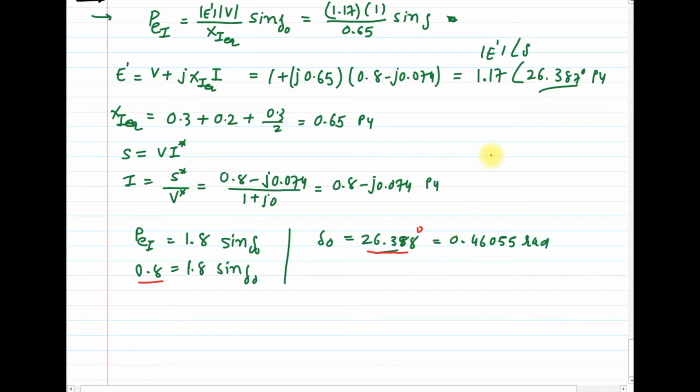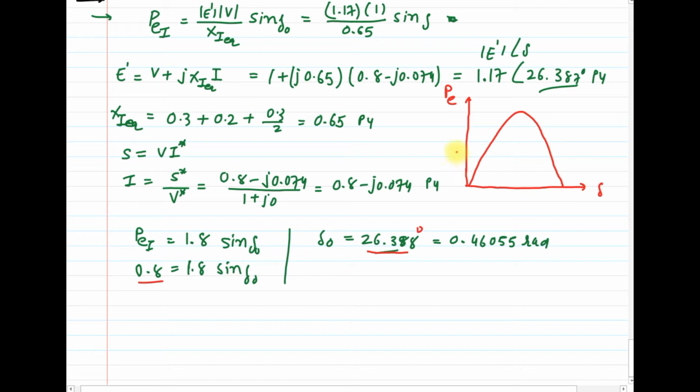Just draw the P delta curve for the understanding. That will help us to understand the example and calculating the delta CR. So the P delta curve for this case, let's just recall the theory.